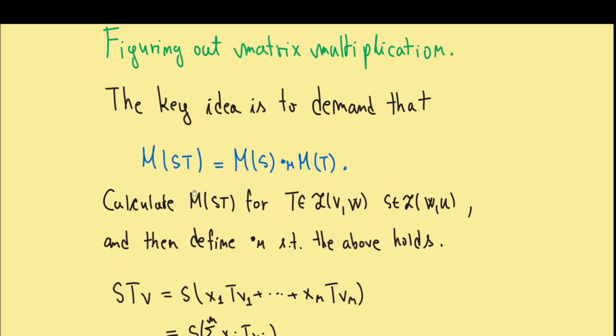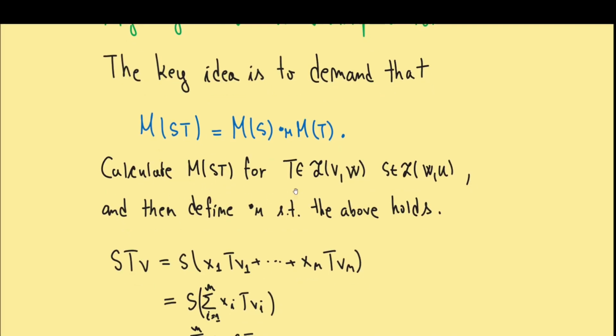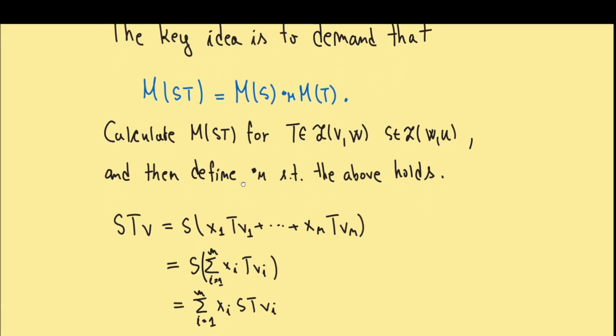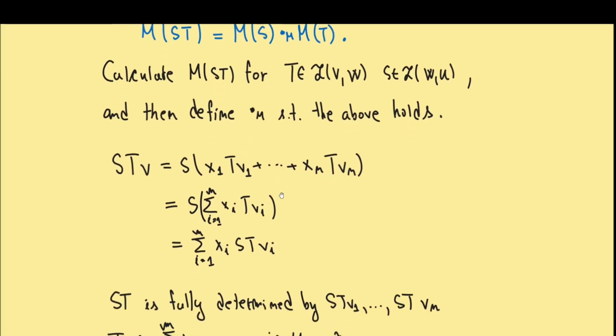So we want the following to hold. If we have two linear transformations that we compose and everything's meaningful, and I take the matrix of that composition, I want that to be equal to this multiplication over here. So we will calculate this for our linear transformations and we will define multiplication so that this holds.